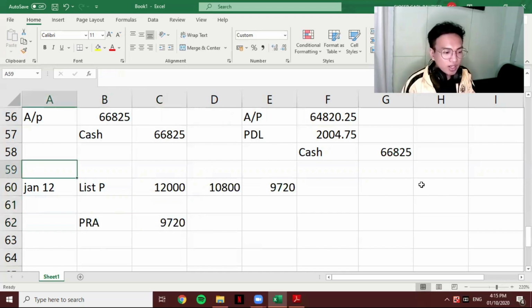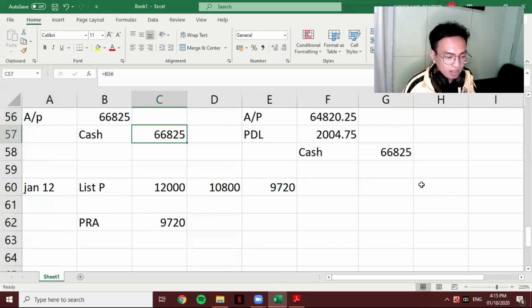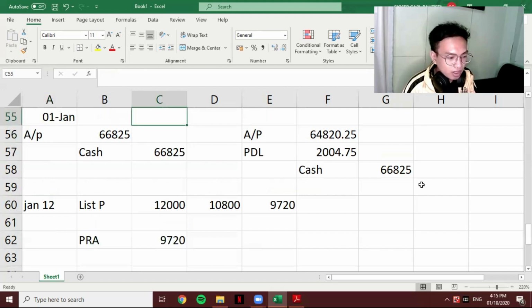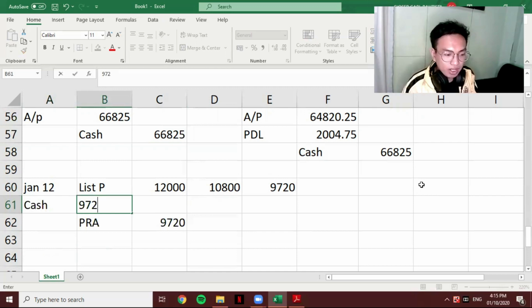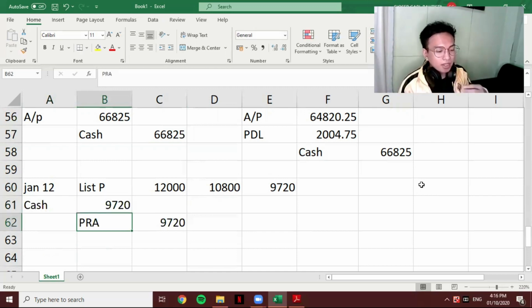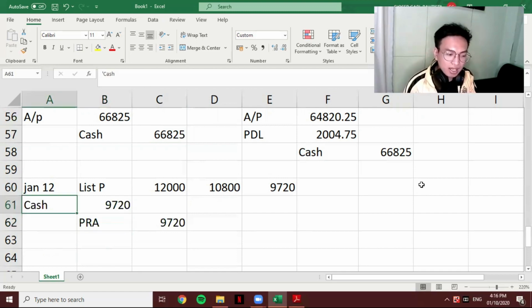And since this is already paid, yan, on January 10, and binalik natin siya ng January 12, sabi ko, pwedeng natanggap nyo rin agad si 9,720. No? Pwedeng cash agad, kaliwaan. Kaso, seldom lang nangyayari siya.